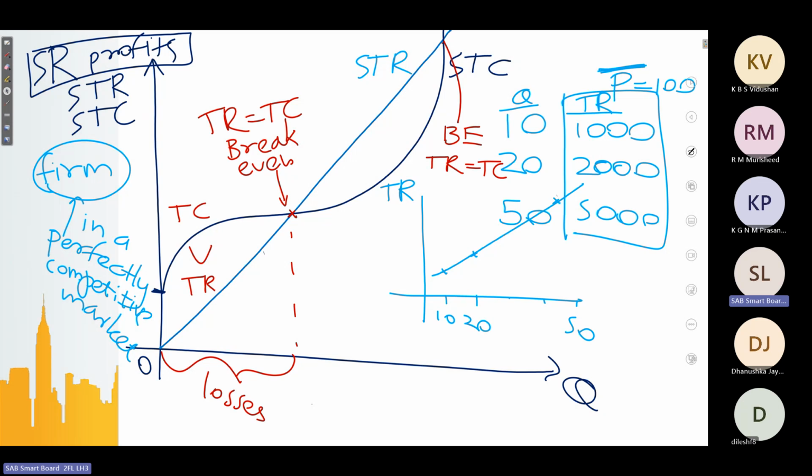And what about this range? Total cost is less than total revenue. Therefore, over this range, the firm is faced with profits. Here we have losses, a break even, profits, again a break even.